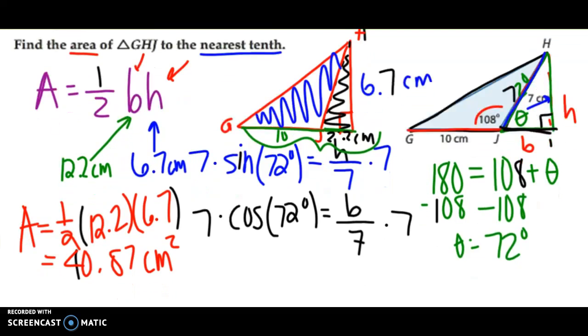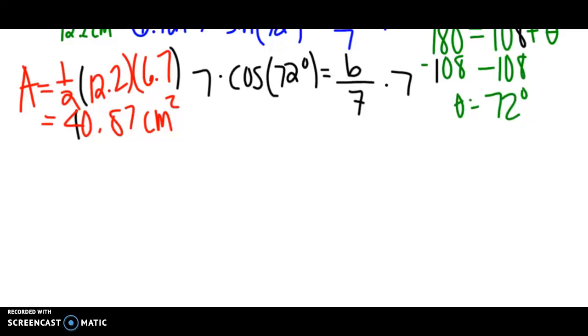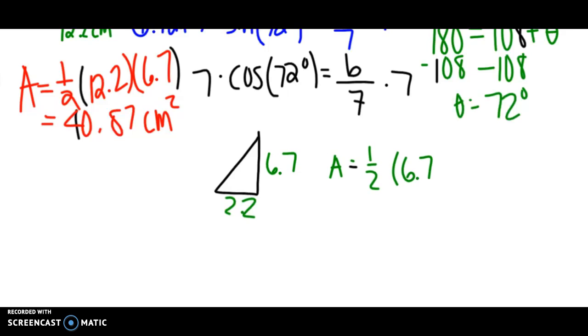But what I have to take away to find the area of my triangle GHJ is to subtract the triangle that I formed itself. If I look at this little guy, we said that this was 2.2 and this one was 6.7. And so the area of this triangle is going to be 1/2 times 6.7 times 2.2, and I find that to be 7.37.